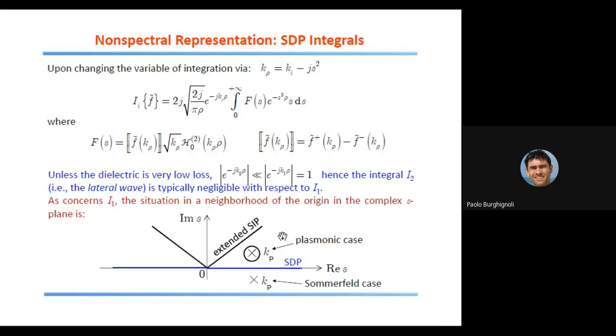When you are in the plasmonic case, you have a pole that is captured. When you are in the Sommerfeld case, you have a pole which is lower than the real axis, and therefore it is not captured. The function F in the integrand is defined, as you can see here, in terms of the folded integrand, F tilde.